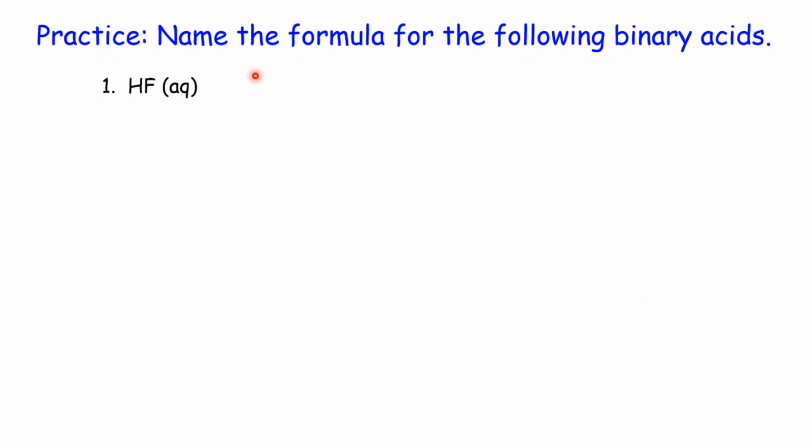Let's do more practice. Name the following binary acids. HF AQ means it's an acid, and it's a binary acid. So the 2 ions are H plus and fluoride.